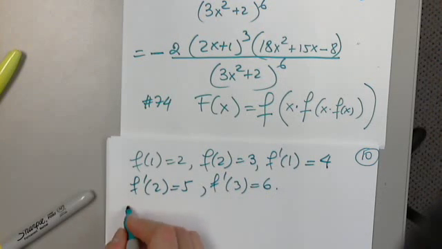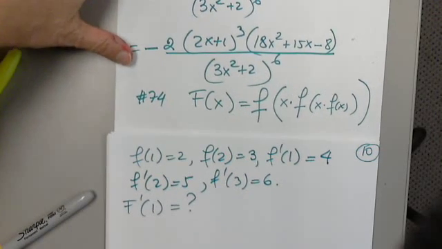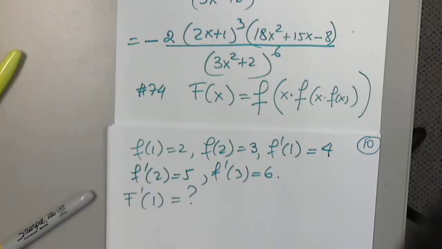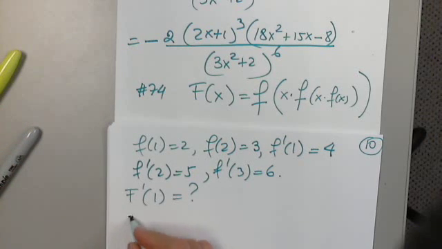And the question is, find f prime of 1. So, okay, plug it in. And you will say, not so fast. So what do I have to determine first? Yes, so I have to find f prime.